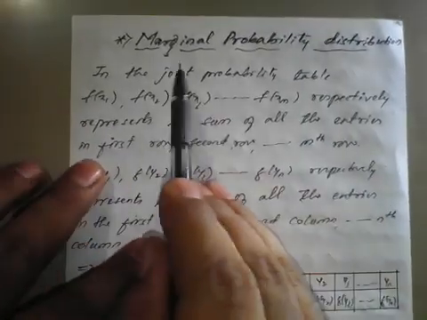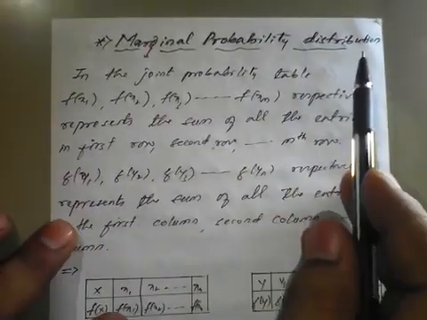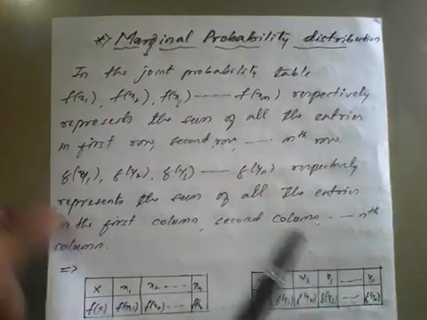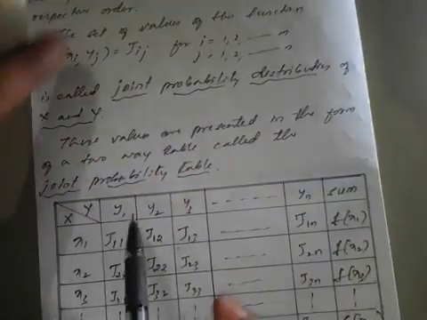So next, the next concept is marginal probability distribution. Marginal means these marginal values. So this is a margin here.